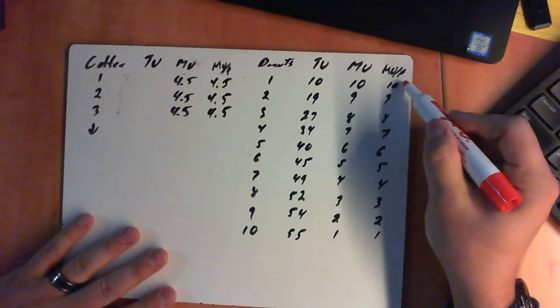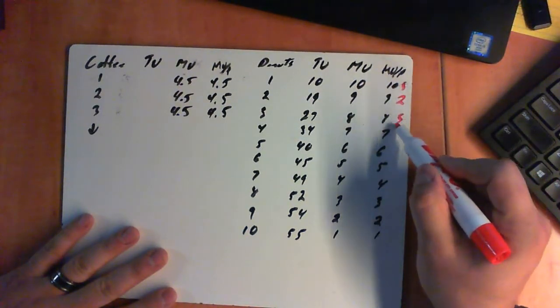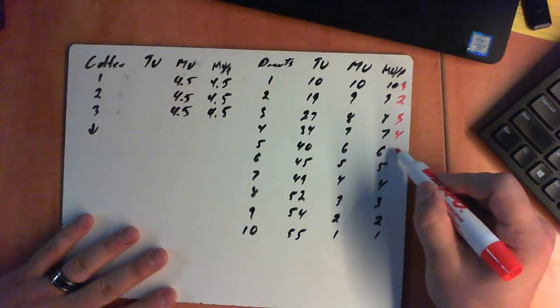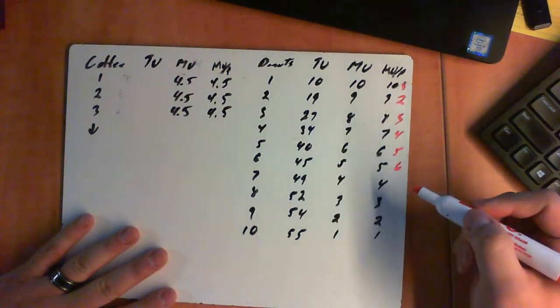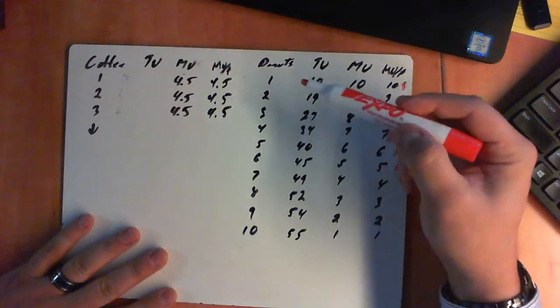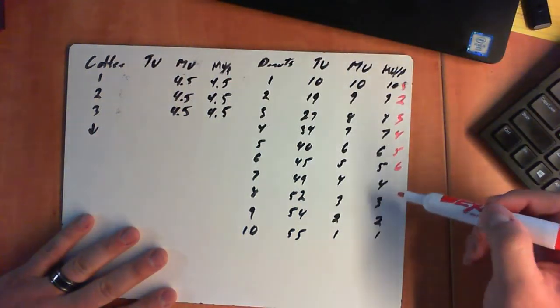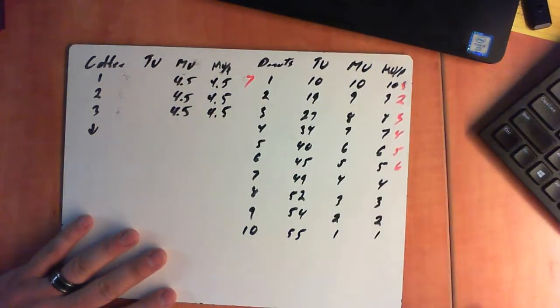So again, first $1 you buy a cup of coffee, second $1 you buy another cup of coffee, third $1 you buy a cup of coffee, fourth $1 you still buy a cup of coffee, at the fifth $1 you buy a cup of coffee, and at the sixth $1 you buy a cup of coffee. It wouldn't be until you spend the seventh $1 that the marginal utility per price for a cup of coffee would exceed the marginal utility per price for a donut. In this instance, his budget would have to be $7.